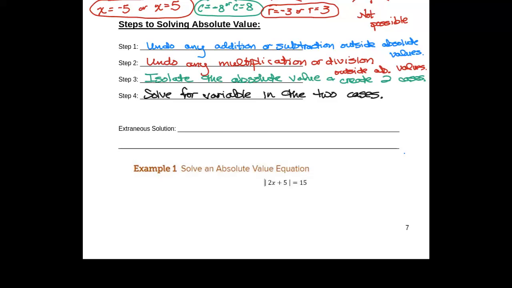Now, one other thing we want to talk about just briefly is the extraneous solution. What smaller word do you see in the word extraneous? Extra. Yeah, extra. So it's like an extra solution.